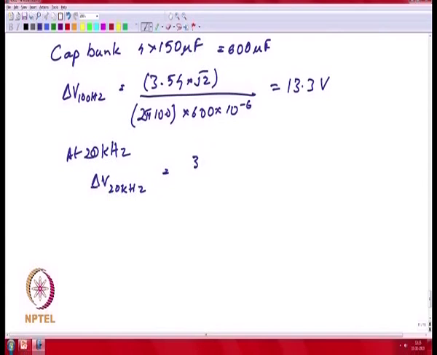So, we had 3.83 amps. Again, we will assume that it's actually square pulses, but assuming it is a sinusoid, you will have 3.83 times root 2. These are all simplifications to get an estimate of what the ripple is.